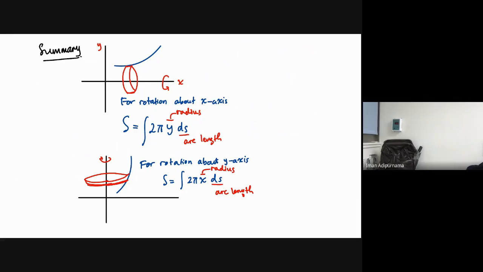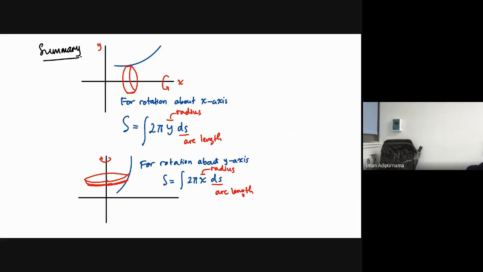The important part, if you are working on the surface area, is the integration. If the function is quite complex and relates to some techniques to solve, that will be quite a problem. But the surface area itself or the arc length itself is not too difficult.